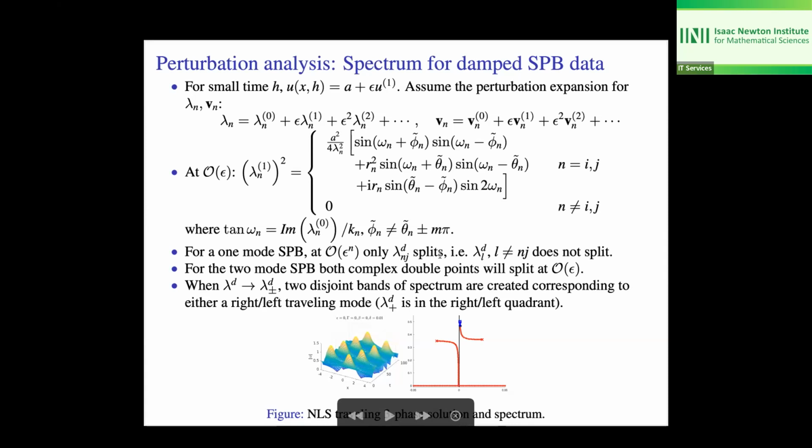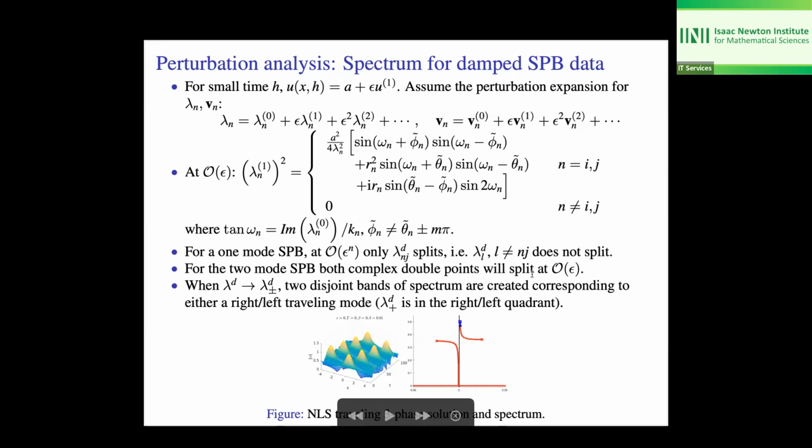So for example, if you're looking at U2, which is built off of the second double point lambda sub 2, then lambda 1 will not split under the higher order NLS perturbation. This is a short time analysis, but you'll see that it carries through for the duration of the numerical experiments.